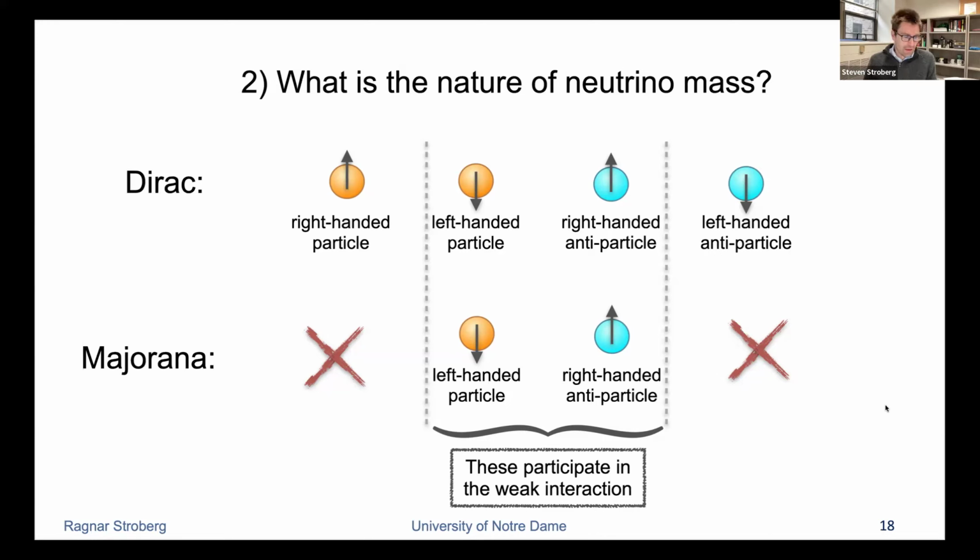The weak interaction, which is the only interaction that neutrinos participate in, only couples to left-handed particles and right-handed antiparticles. So if these particles over here do exist, they're essentially sterile, they're non-interacting.